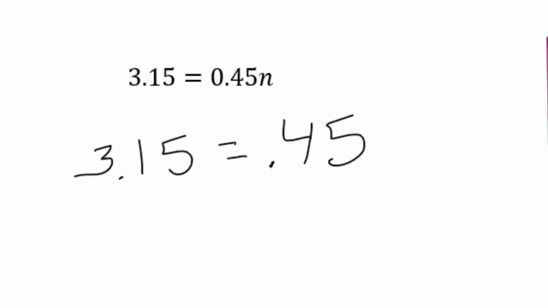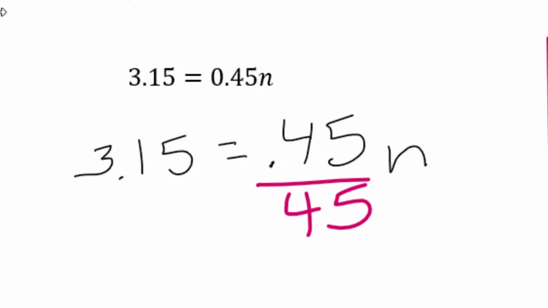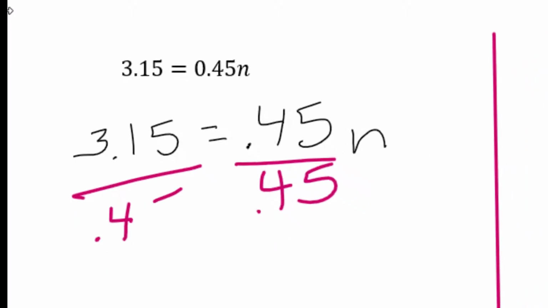Notice I don't write the 0. 0 is just nothing, so I don't like to write the 0. So this is my equation, and I said I was going to divide both sides by 0.45 because that's the coefficient. So divide here by 0.45, and divide here by 0.45.